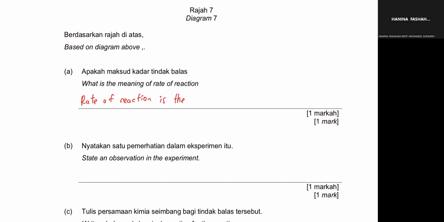Here they say based on the diagram above, so you have to specify a bit what the quantity is, what the reactant is, what the product is. Here it is the change in the quantity of, you can use, H2 gas produced per unit time.